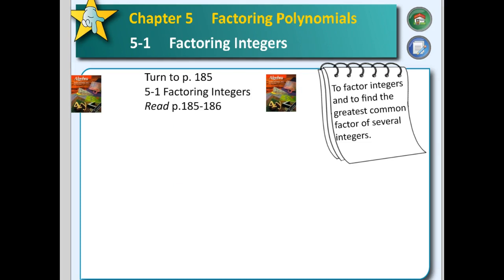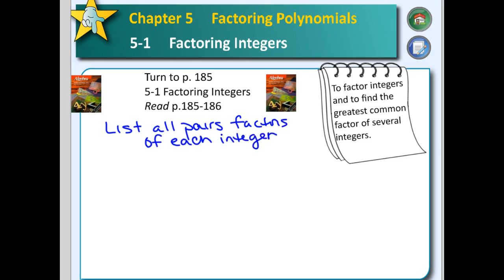Now, the second thing that they could ask us, if you look at example number 2, is they're going to say list all pairs of factors of each integer. Now, because they put that word integer in there, we've got to realize that integers means positive numbers and their opposites. So if you look at example A, they want all the list of pairs for 18.